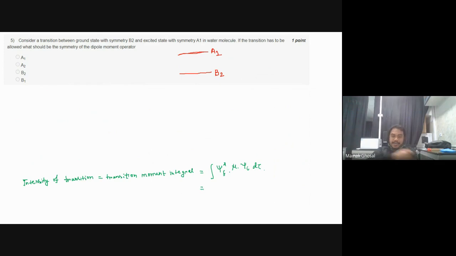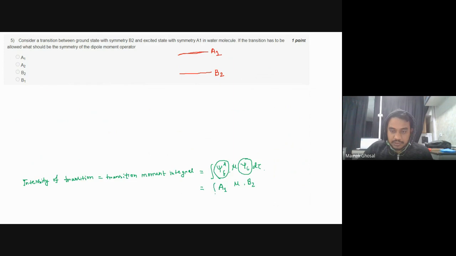Now I have said that you have this psi f star, which is your final state, or in this case, the excited state. This has symmetry A1. You have mu here, and the initial state has a symmetry that is mentioned as B2.